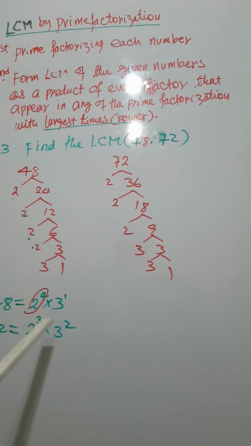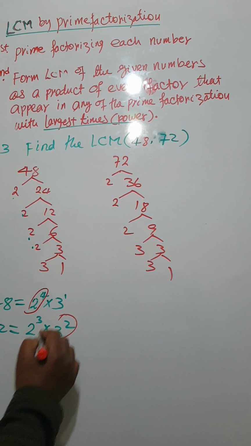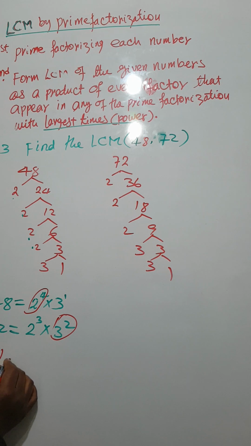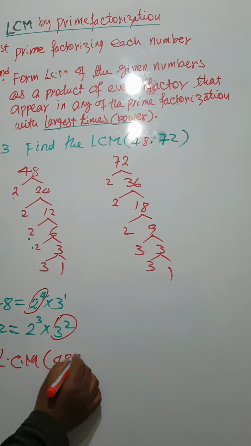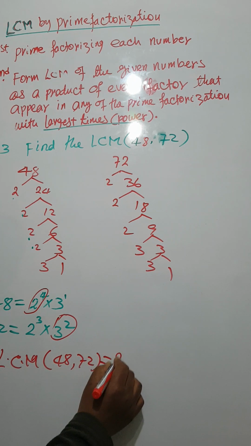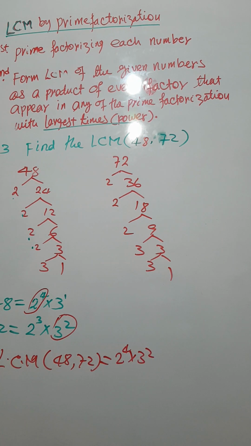Now 3 appears here as 3 to the power of 1, and here as 3 to the power of 2. The largest power is 3 to the power of 2. So the LCM of 48 and 72 is equal to 2 to the power of 4 times 3 to the power of 2.